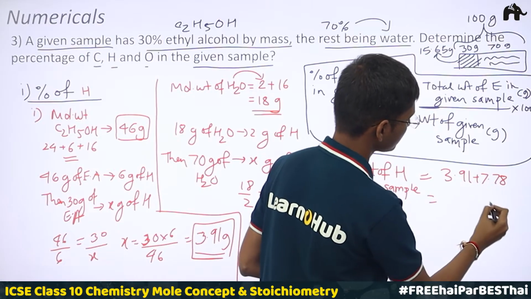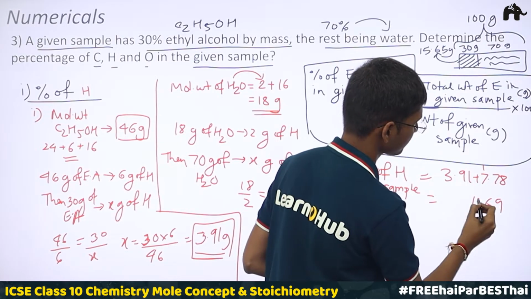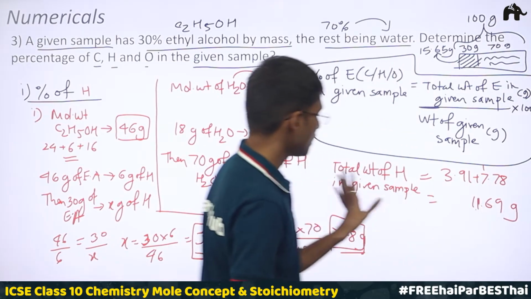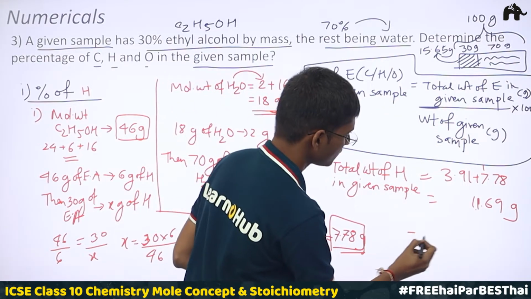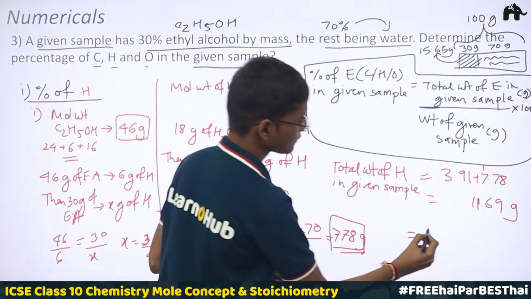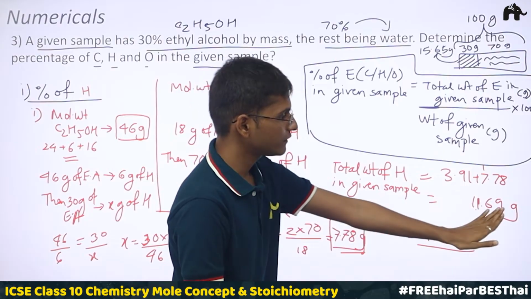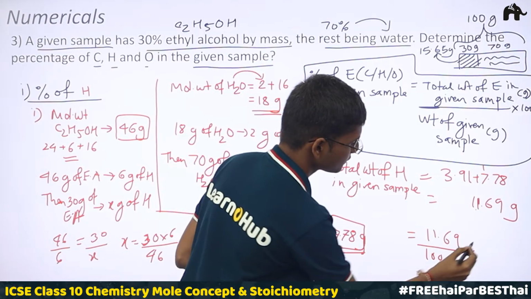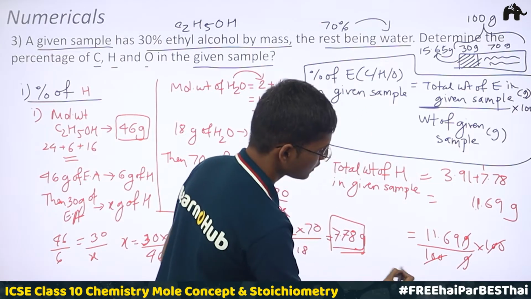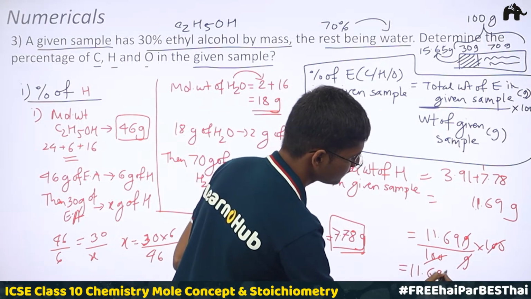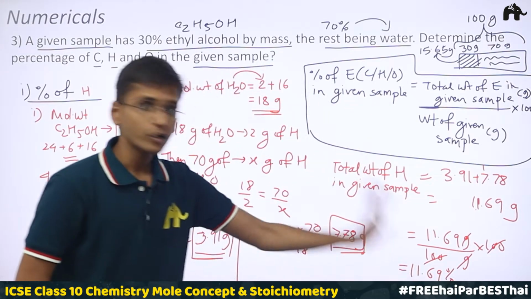So it would be 11.69 grams of hydrogen is present in this sample. Now we will simply put this in this formula. Total weight of hydrogen in the given sample, 11.69 divided by 100 into 100. So 100 cancels, grams cancel, and our answer would be 11.69 percent. So the percentage of hydrogen in the given sample is 11.69.